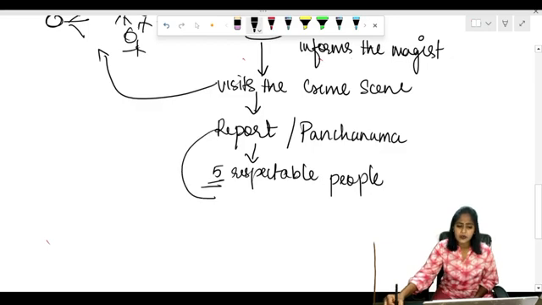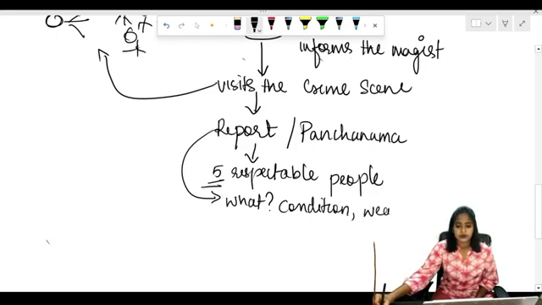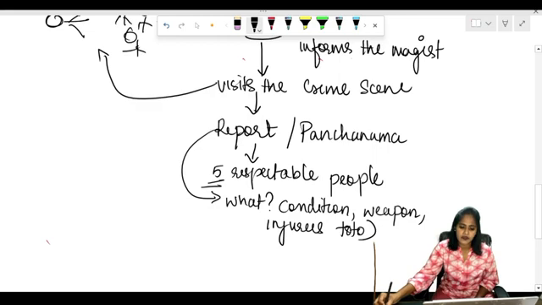What does he report? He reports the condition of the body. Is there any weapon? Are there any blood stains? Are there any injuries? In toto, he records everything.